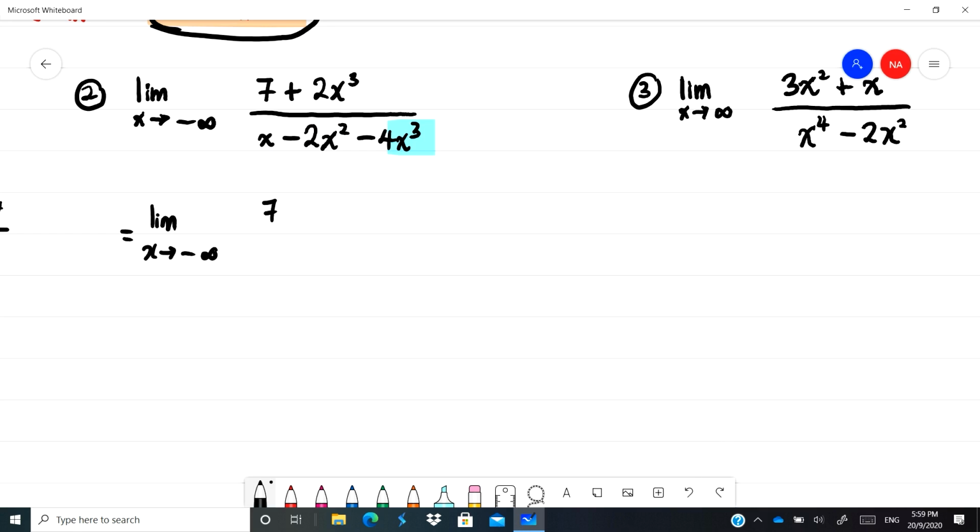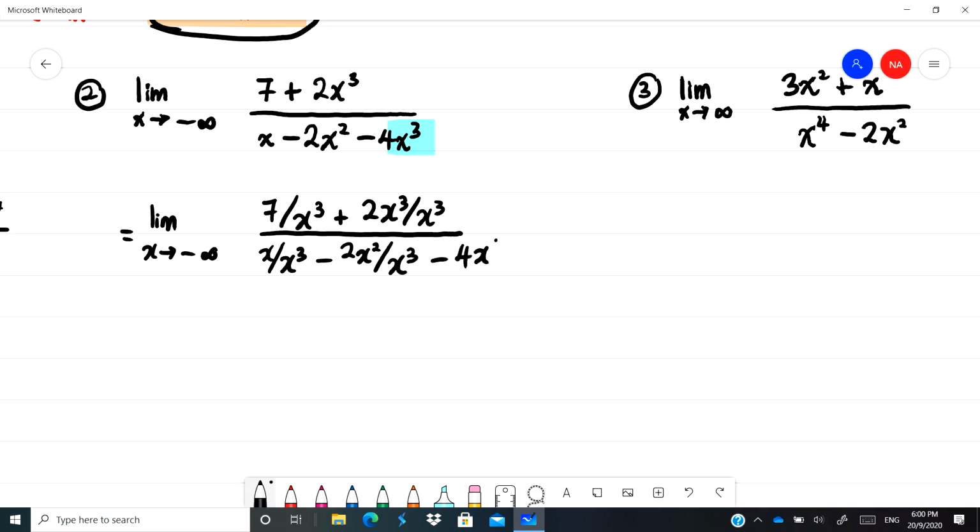So 7 divided by x to the power of 3, plus 2x to the power of 3 divided by x to the power of 3, over x divided by x to the power of 3, minus 2x squared over x to the power of 3, minus 4x to the power of 3 over x to the power of 3.